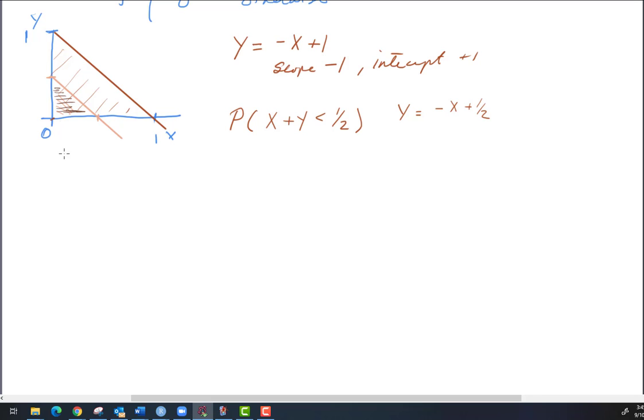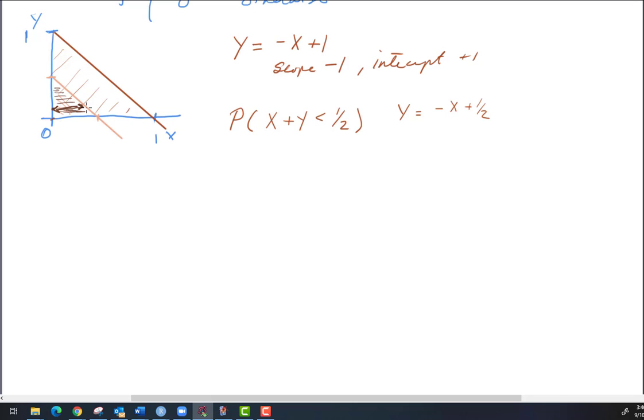Now it's going to be an iterated integral, and so we can integrate first with x and then with y, or the other way around. But first of all, I want to let x go from here over to here. So we need to figure out what the limits are going to be on x.